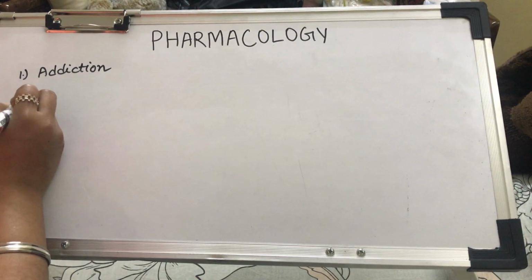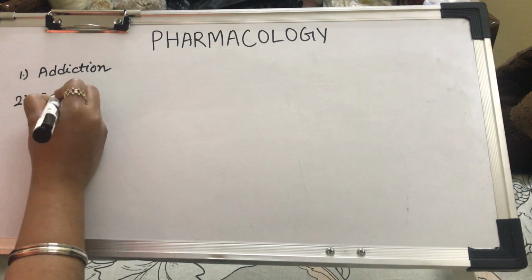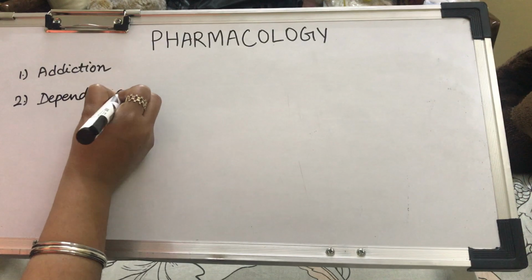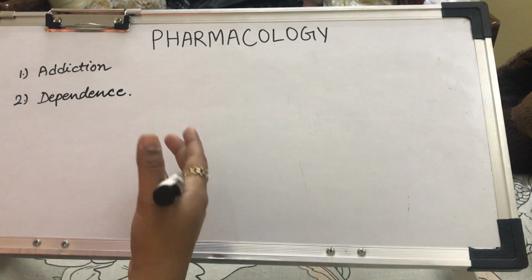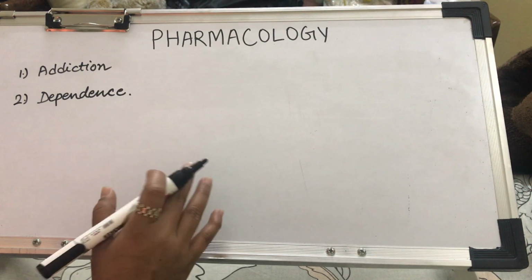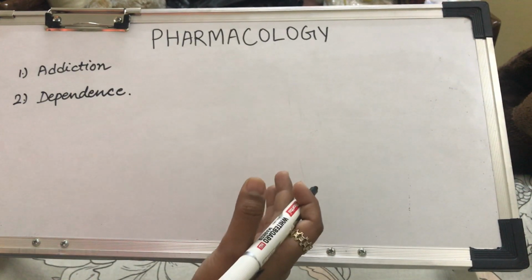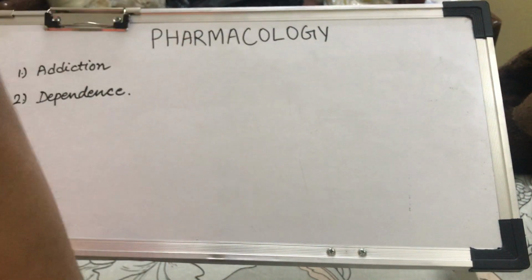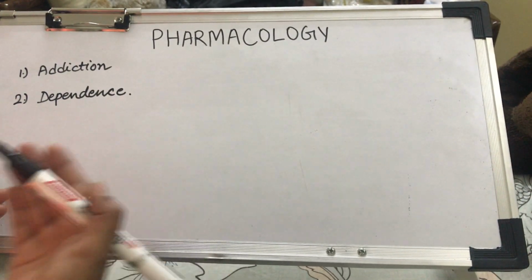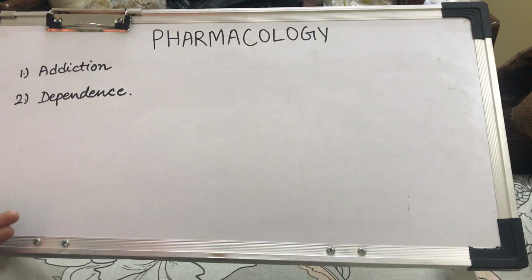The second term is dependence. Now, dependence is a physical condition in which the body has adapted to the presence of the drug. Your body becomes used to having the drug present in your blood.